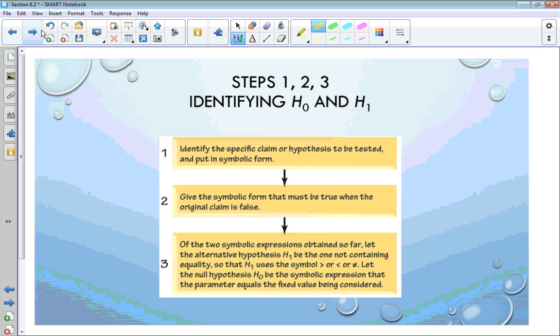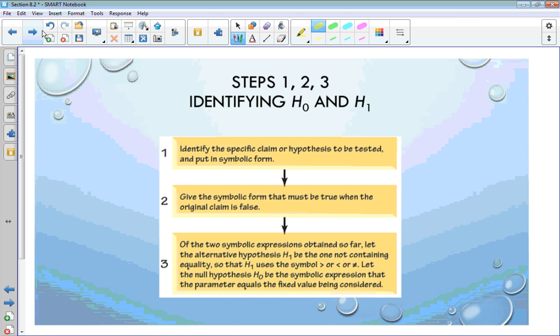So our steps in identifying them: we identify the specific claim as the hypothesis to be tested and put it into symbolic form. Then we give the symbolic form and know what must be true when the original claim is false. I know that's a little opposite of what you think, but let's keep going and it will become clearer.